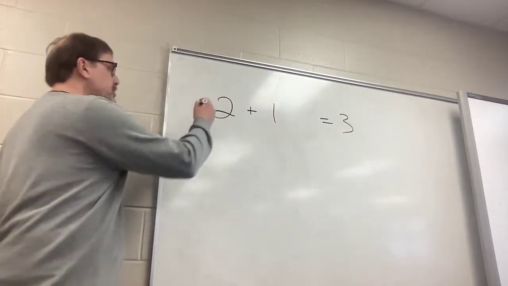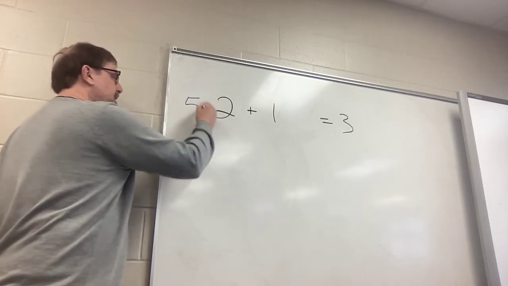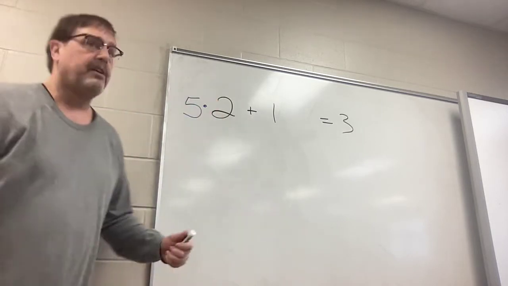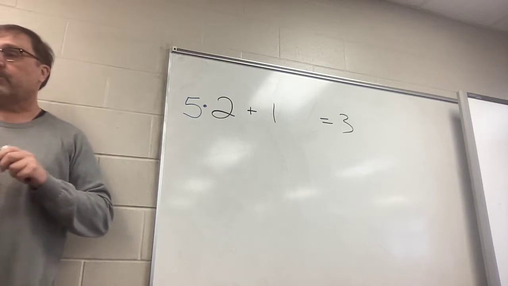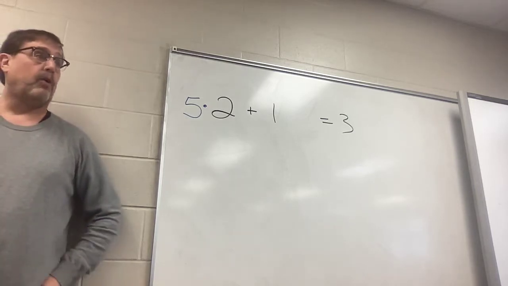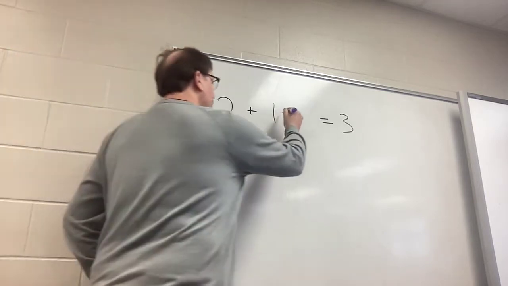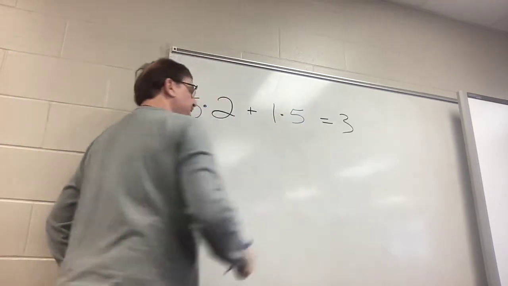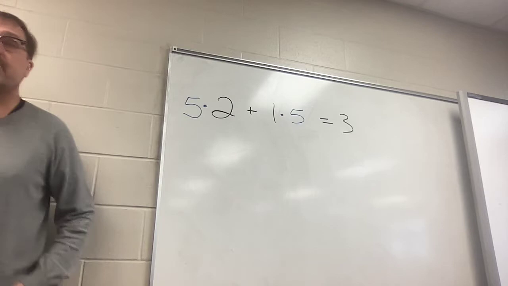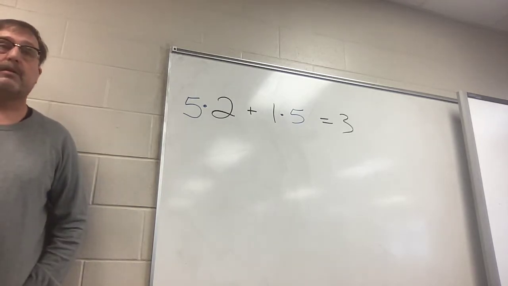If I choose to take this one times 5, is that equation still true? No, it is not true. It is breaking mathematical laws. If I take all of them times 5, is the equation still true?